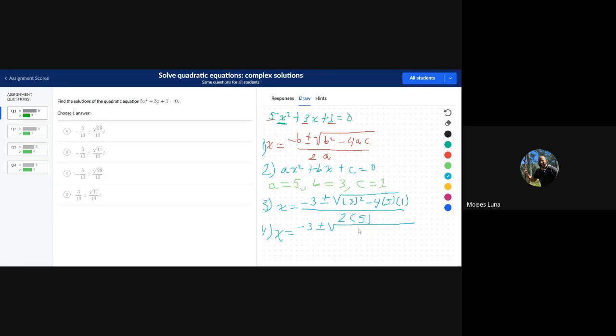All right, so I'll do this step here. You can skip it later when you get used to this. So 3 times 3 equals 9. Minus 4 times 5 is 20. 20 times 1 is 20.